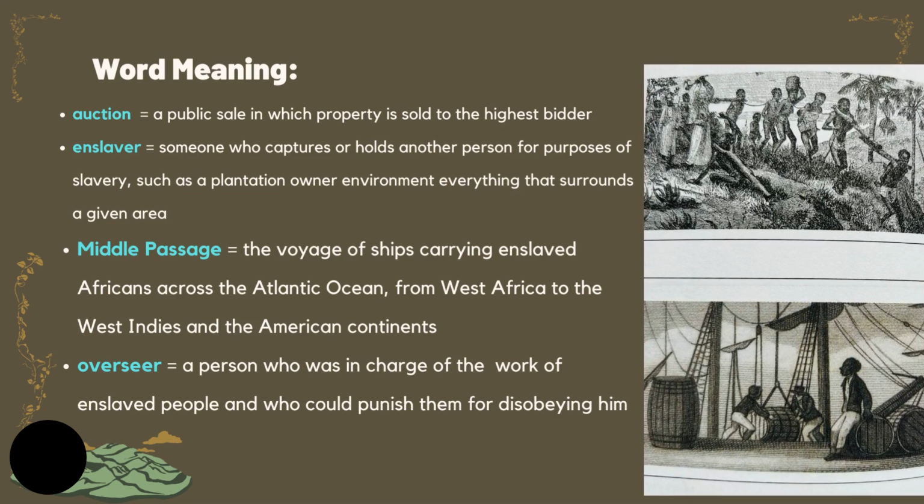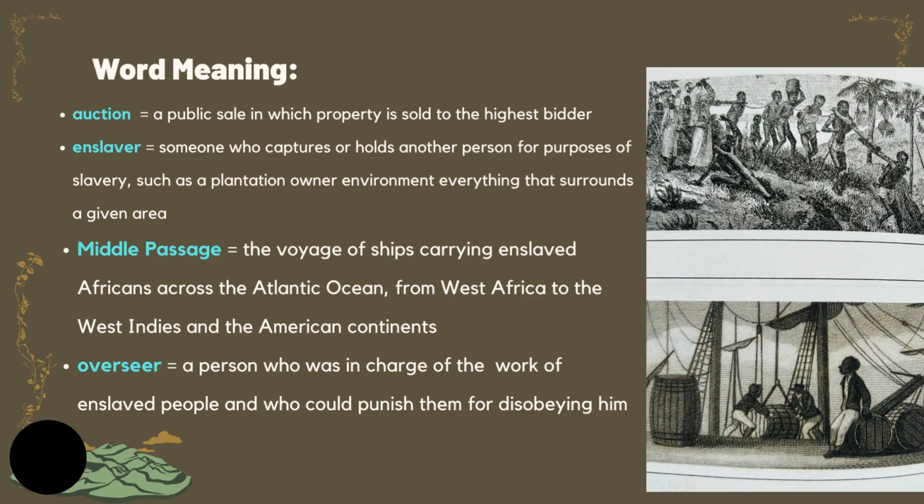So here are the word meanings. Auction: a public sale in which property is sold to the highest bidder. Enslaver: someone who captures or holds another person for purposes of slavery, such as a plantation owner. Environment: everything that surrounds a given area.